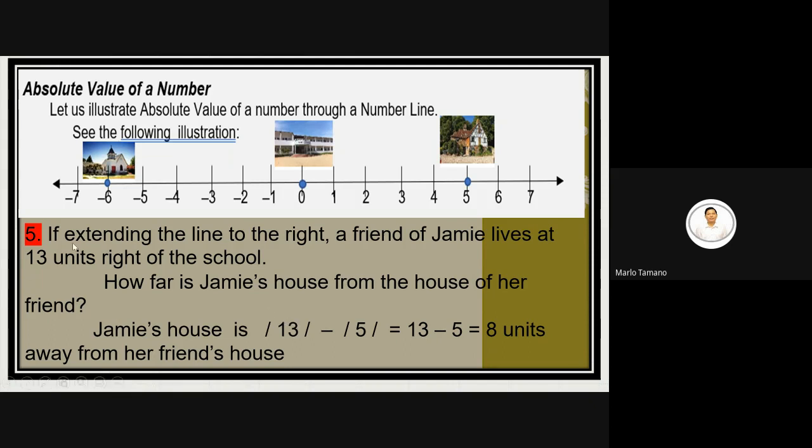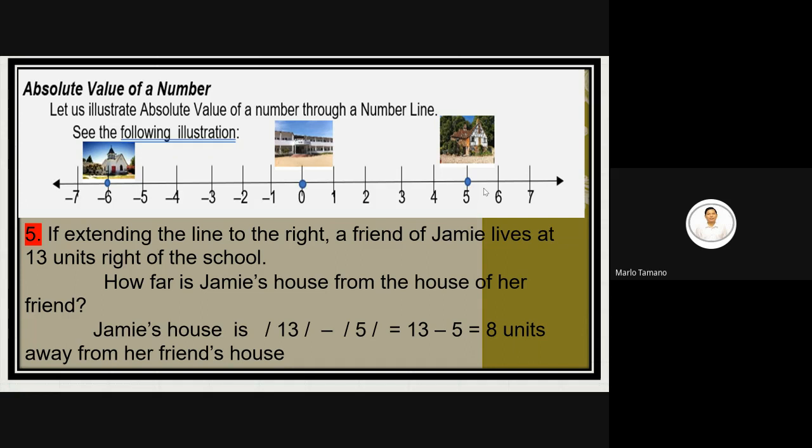Earlier it said, if extending the line to the right, we extend it to the right. So we just continue 7, 8, 9, 10, 11, 12, 13 on the right side. This is the friend's house. If extending the line to the right, a friend of Jamie lives at 13 units right of the school.